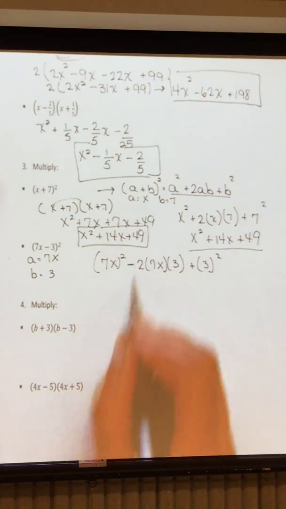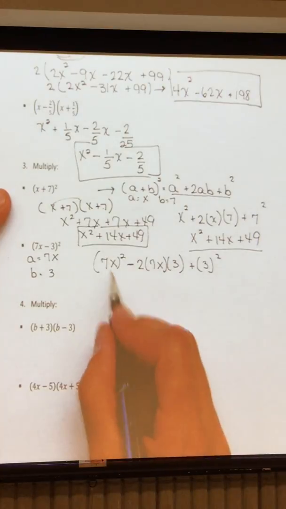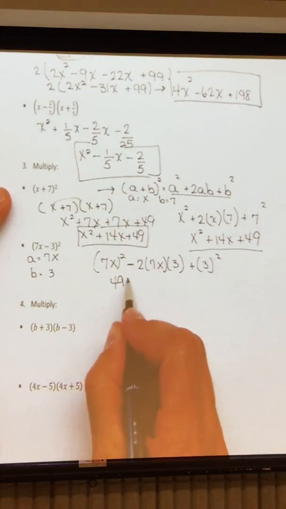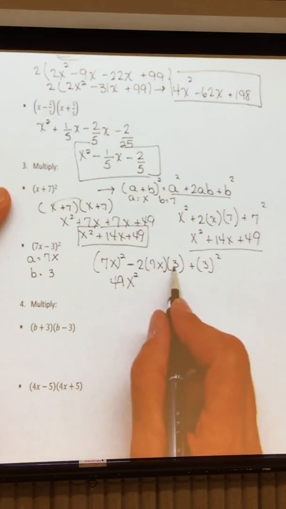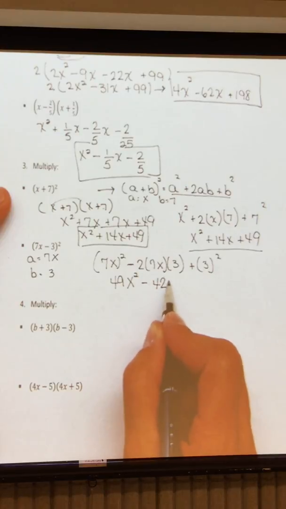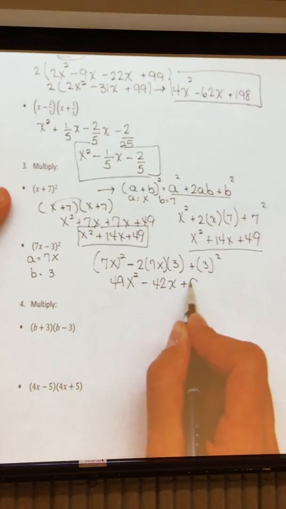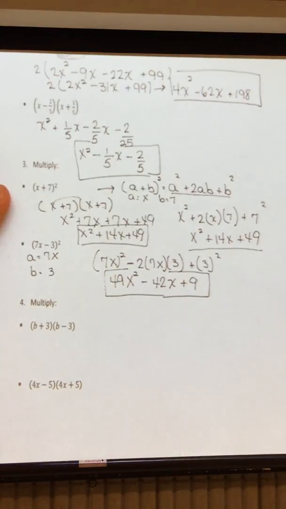Okay, so the only difference is the negative. 49x squared, and then you've got 2 times 7 times 3, which is negative 42x plus 9. And that is our final answer.